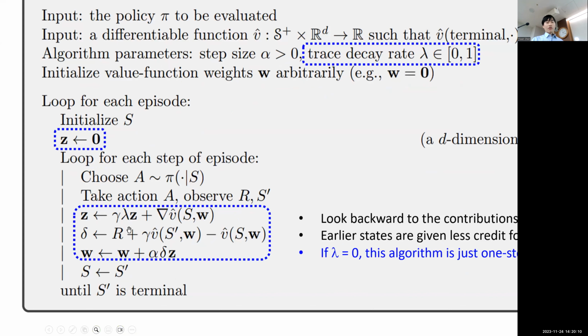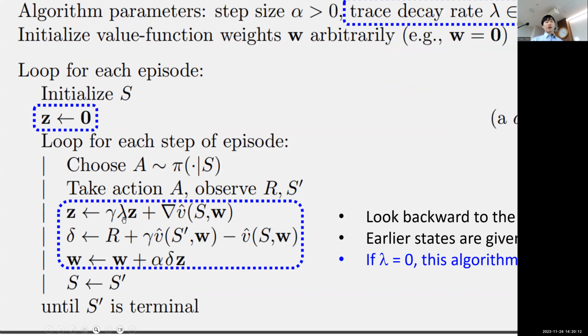From the calculation point of view, it's not that difficult. Loop for each episode, initialize, then loop for each step of the episode. We calculate the gradient. z is initially 0, and gamma and lambda are predefined.